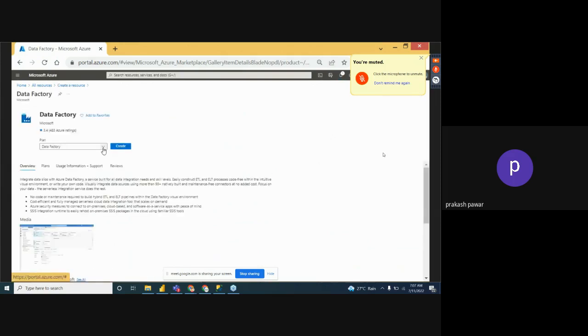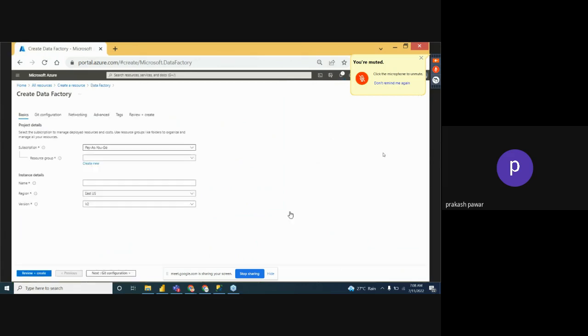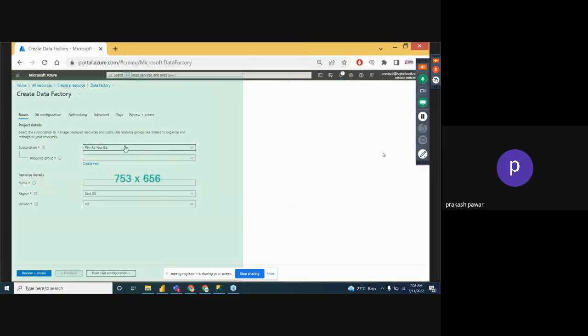Click on data factory resource. Click create. Click on create, this one. Next.